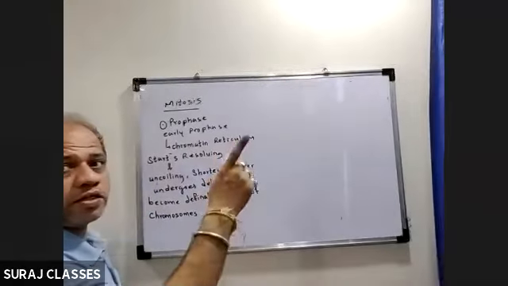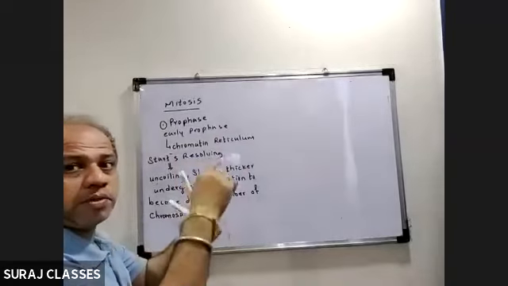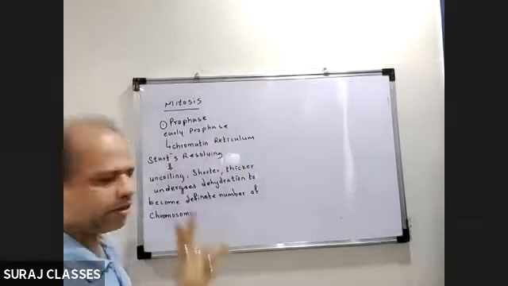The chromatin reticulum forms chromatin thread, then slowly chromosomes form, correct?